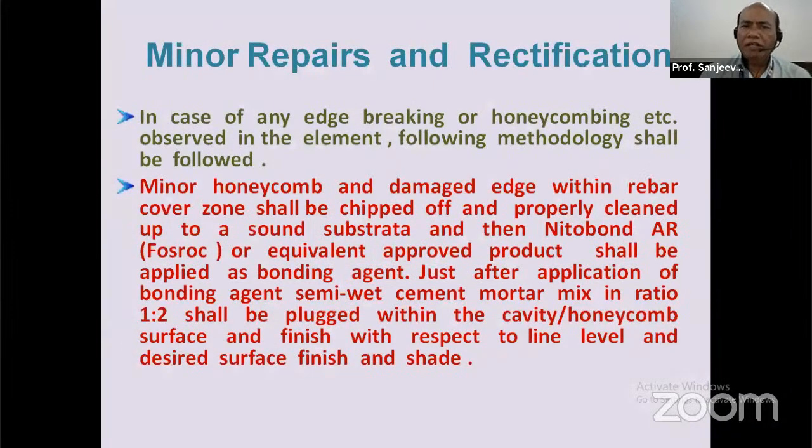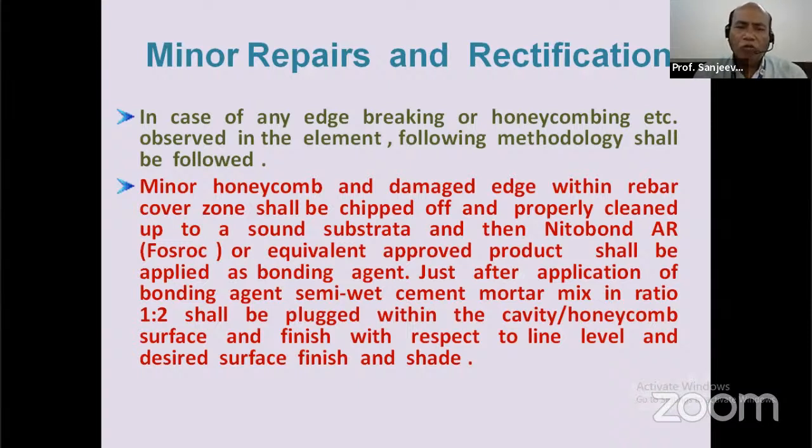So, minor repairs and rectification. In case of any edge breaking or honeycombing observed in the element, the following methodology for minor repairs was to be followed. Minor honeycomb and damaged edge within the rebar cover zone was to be chipped off and properly cleaned up to sound substrate, and then Nitobond AR or equivalent approved product was to be applied as bonding agent.